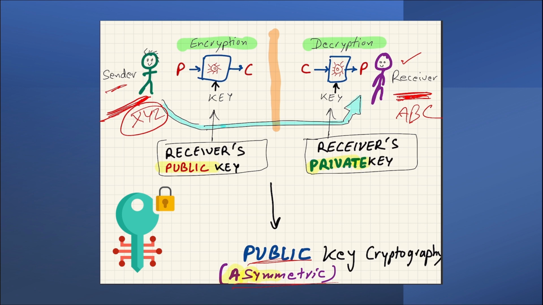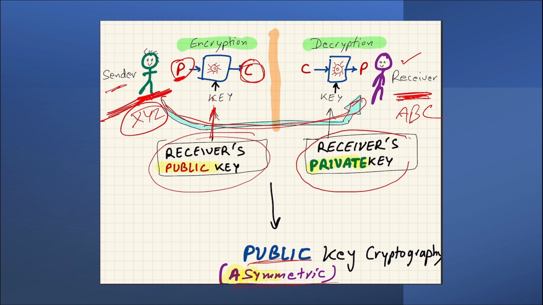Now, how does public key cryptography work? Let's say this guy here wants to send a message to this guy here. What he uses for encrypting this plain text is the receiver's public key, and her public key is this ABC. So he uses ABC to encrypt this message and generate this ciphertext. Now he sends this ciphertext to the receiver.